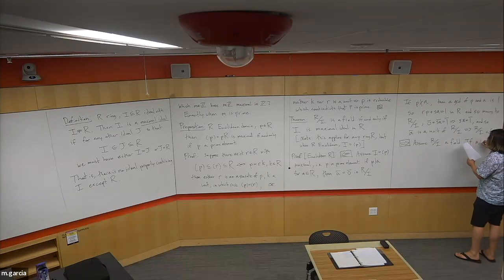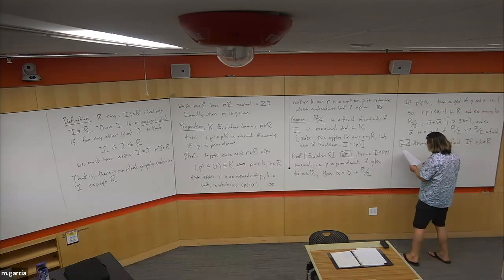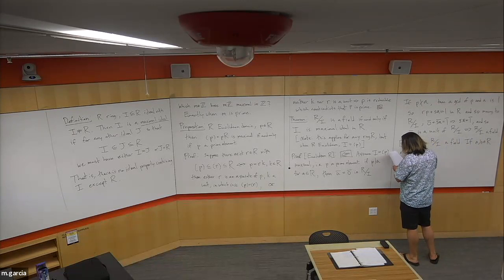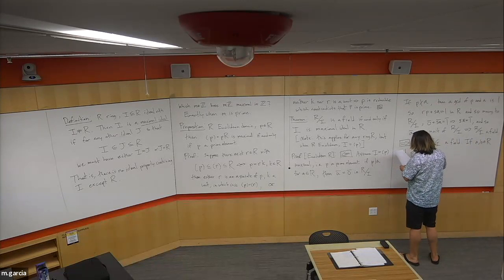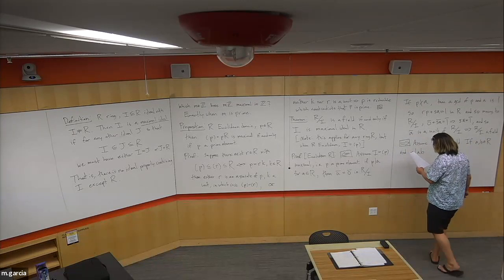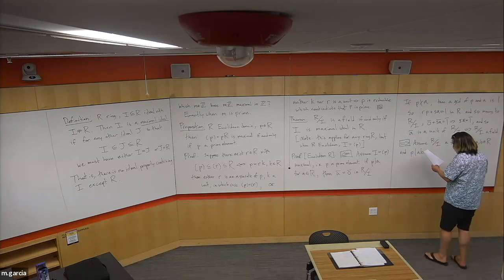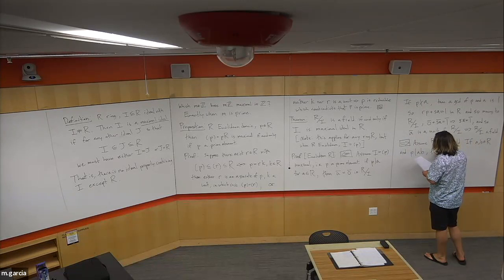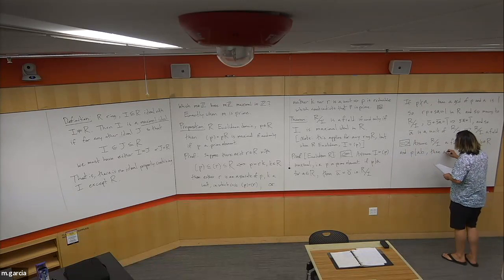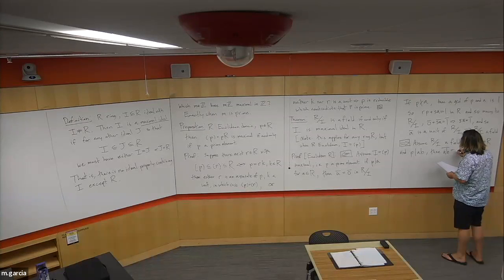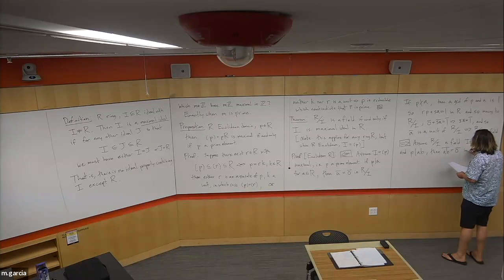If A and B are elements of R, and we'll assume that P divides A times B, then what we know is that the residue class of AB bar is equal to 0 bar in R mod I.